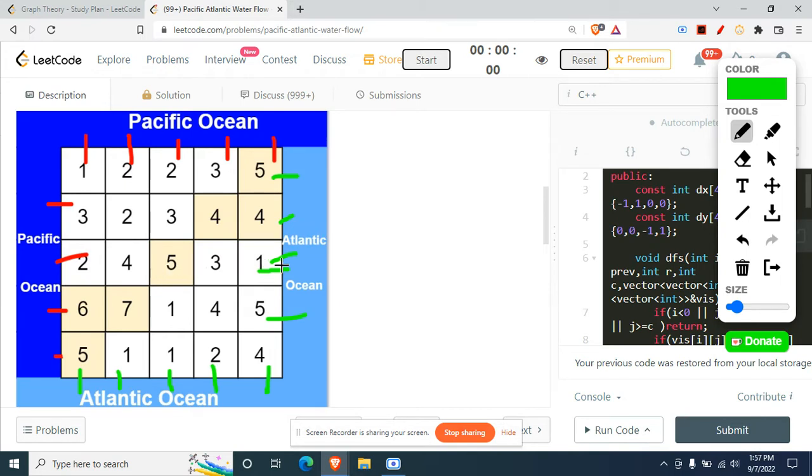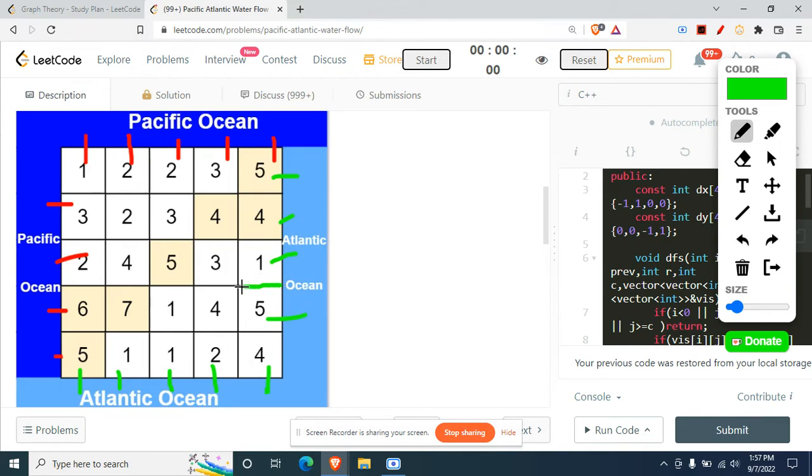If you just see it in this way, it is increasing. Otherwise, you could consider this as decreasing, that will be much easier for you, right? So 5, 3 and 1. If you see, the values are in decreasing order, right? That means water from Atlantic can go till here. That is what you need to know, and that is how we will do the question as well.